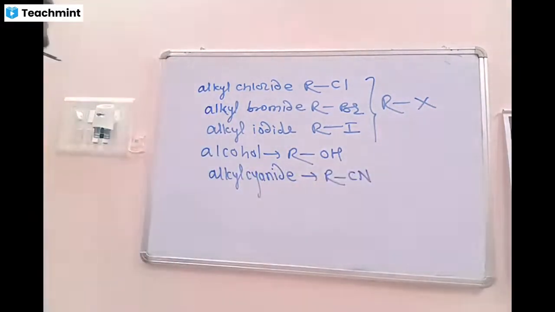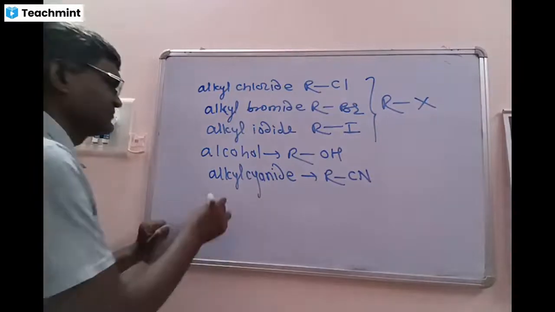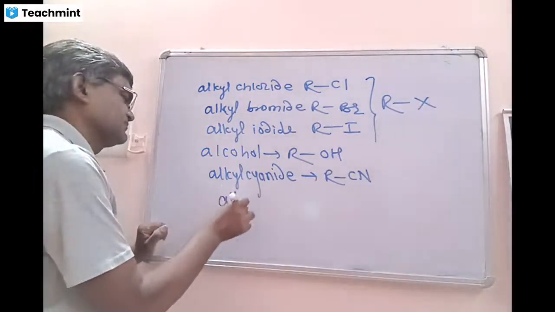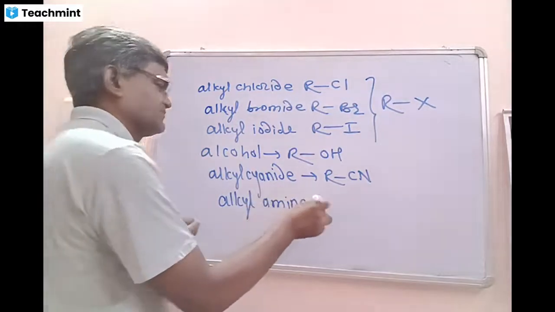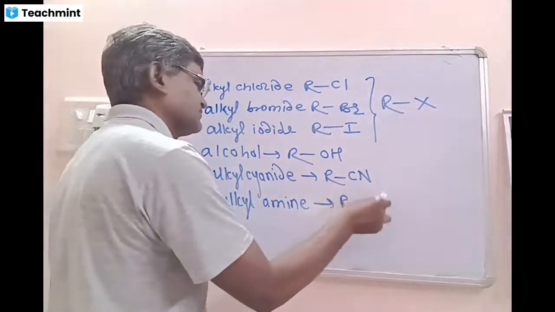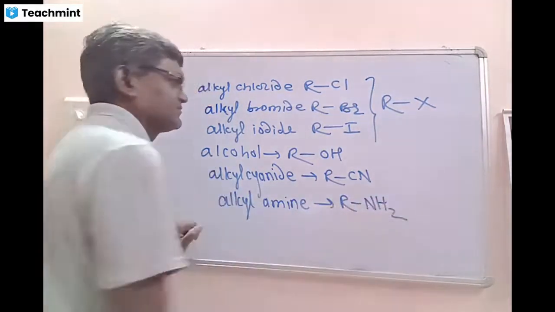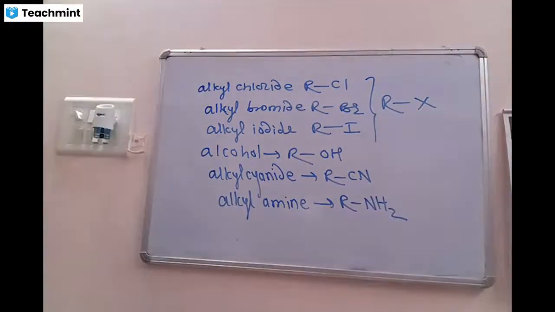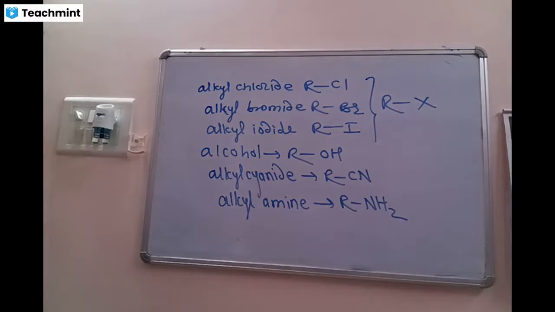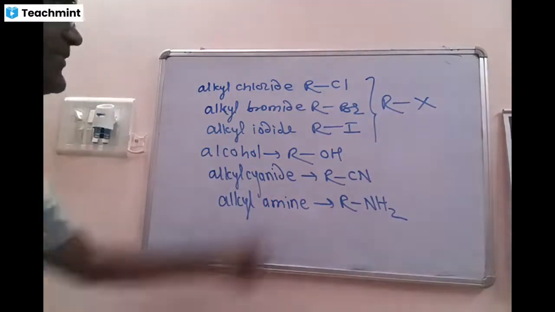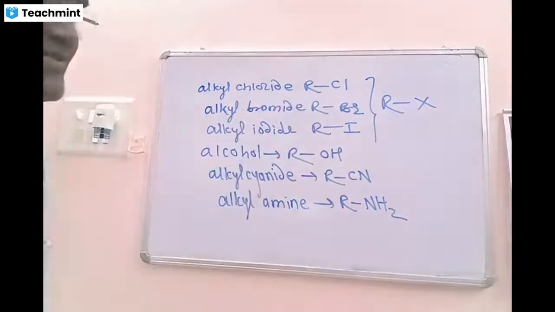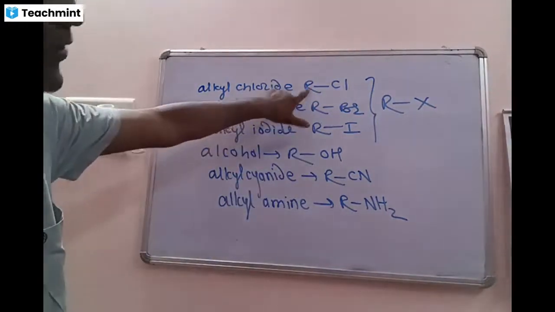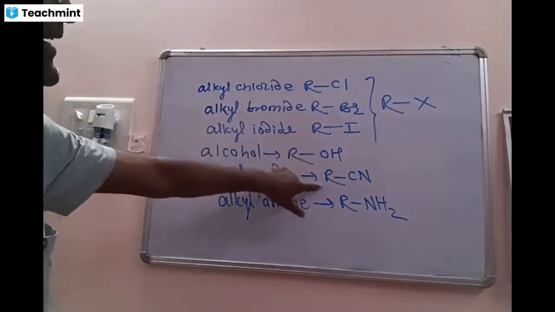This is your alkyl cyanide. Right? So if you go for this, then you can have the 48 compounds. 8 examples for this with name and formula, 8 compounds, and 8 and 8 and 8.